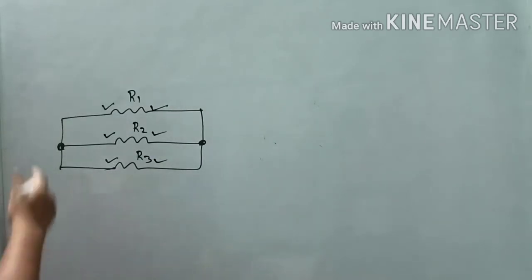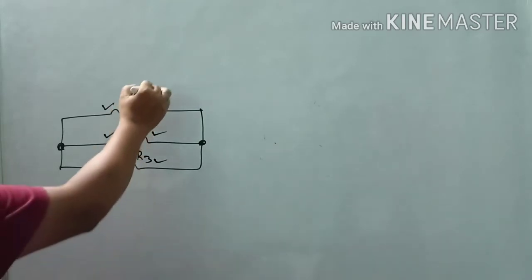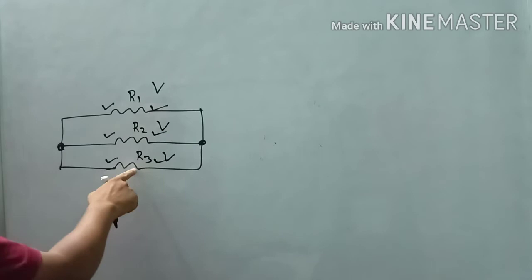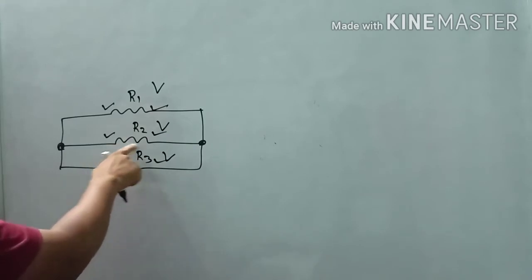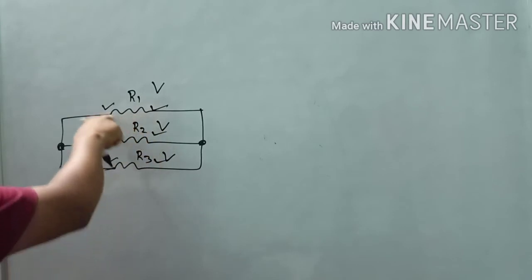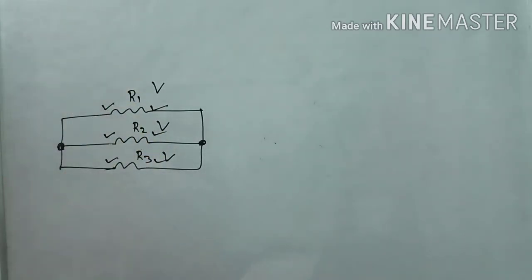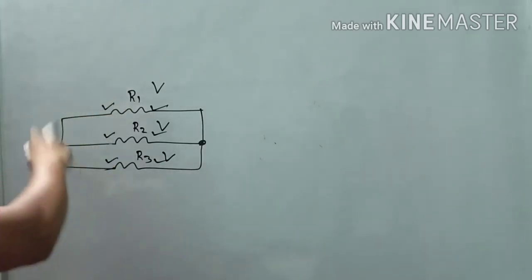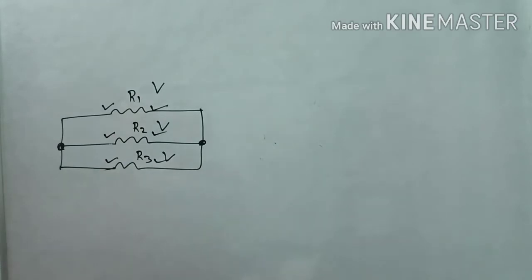So what happens in parallel combination? Potential difference V is same. Potential difference across this resistance is V, across this resistance is V, across this resistance is V. So remember, potential difference or voltage drop across each resistor is same. So this is the case of parallel.